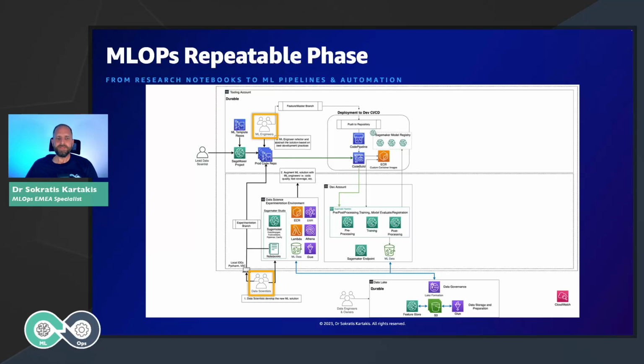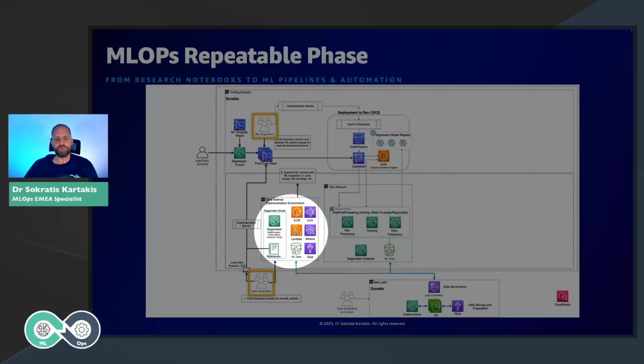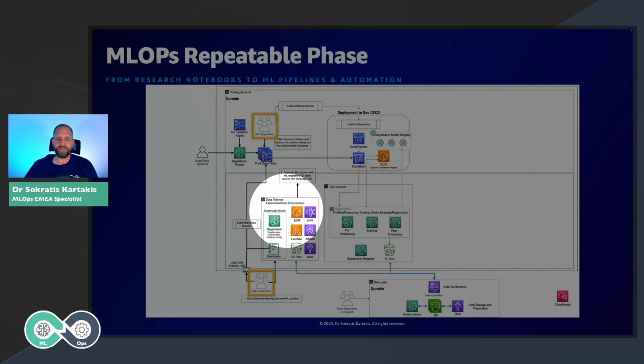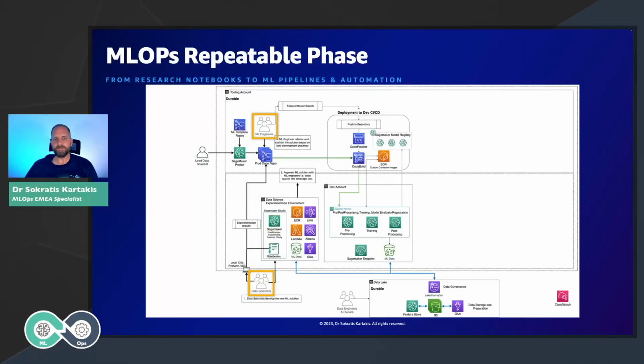Now, sometimes, if the dev account and the experimentation account need to have access to exactly the same data and exactly the same people have access to build the solutions, we might consolidate these two accounts into one. Also, sometimes for smaller companies that want to have fewer accounts, we can consolidate the tooling account, the dev account, and the experimentation account into one. But later on, we will see that if you have multiple teams and you want isolation and auditing, this is not a good practice.